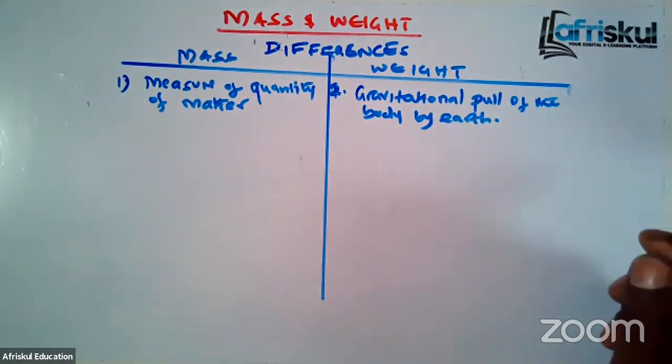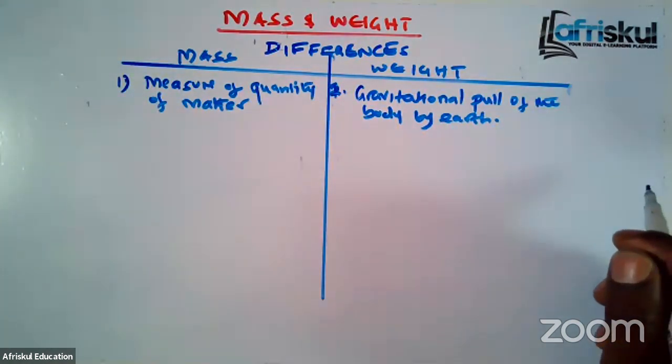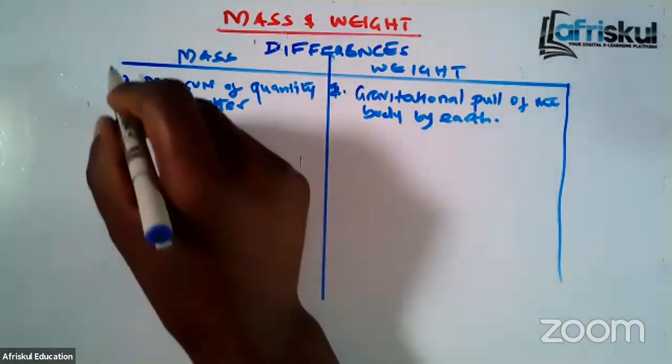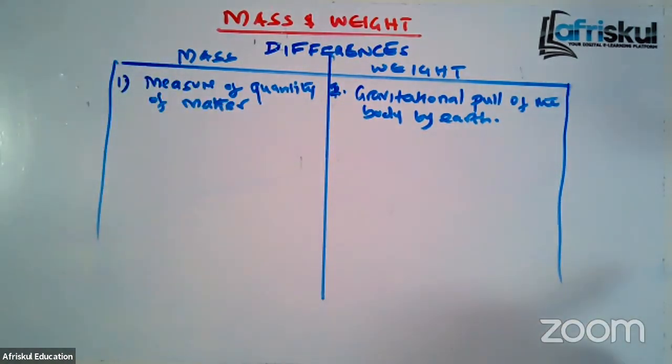This means that if there is no gravitational pull, then a body will have no weight. When you go to the moon, since the pull really reduces, you'll find that people weigh much less on the moon surface than they weigh here on Earth.